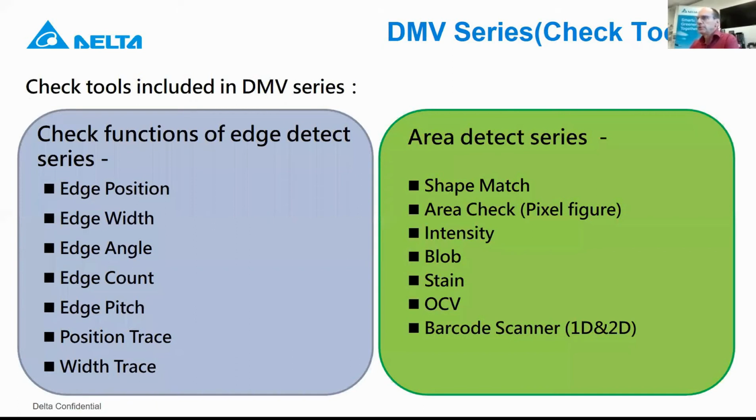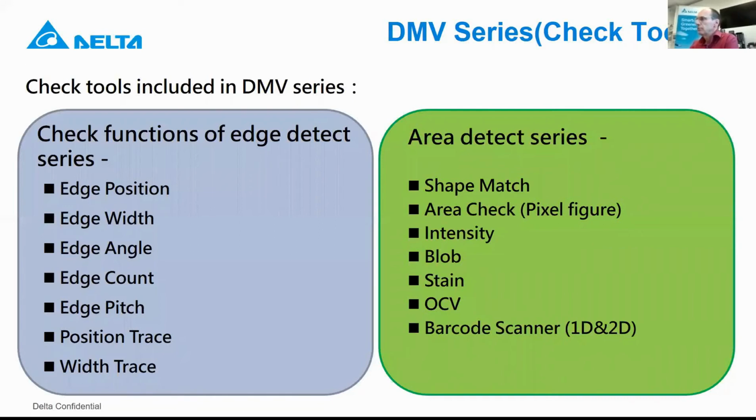What you can do with the DNV series, of course, you can try to find edges. You can measure the width, you can measure the angles between edges, count edges, pitches, position, the height of a trace. But you can also do shape matching, check on shapes. You can also do area checking. That means you are checking how many pixels, black or white, are in an area.